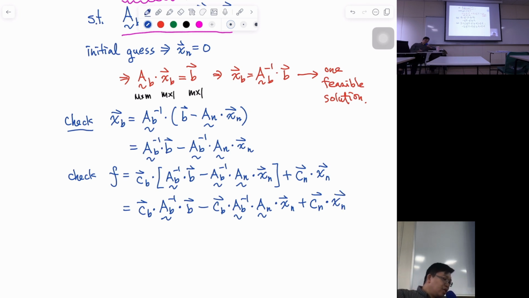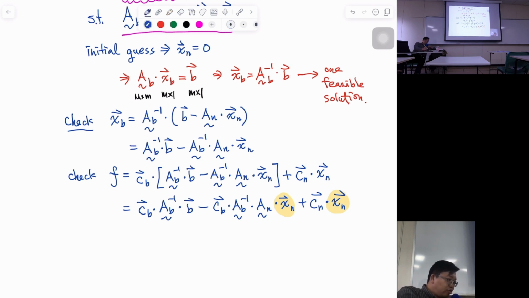Here we do see some common terms. We do have dot product of xN on the right hand side of the second and the third terms. We're going to combine them.